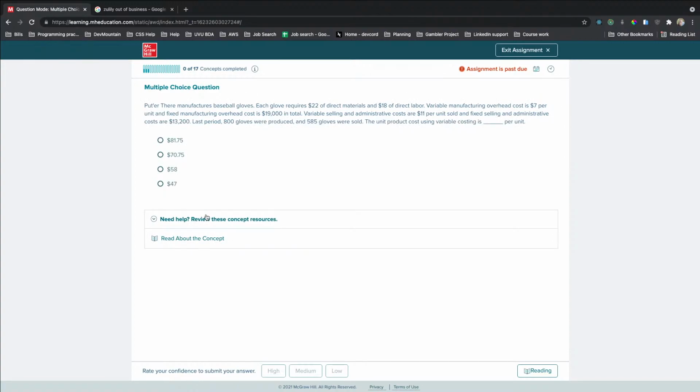Putter manufactures baseball gloves. Each glove requires $22 of direct materials. Write this down. 22, 18. Variable manufacturing of 7. 22, 18, 7. 19 of fixed.